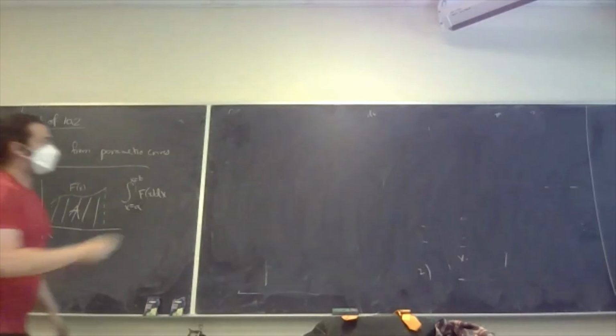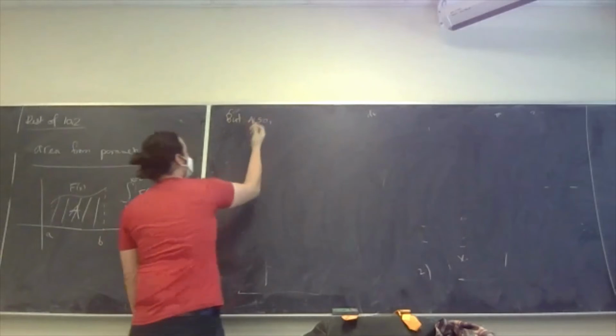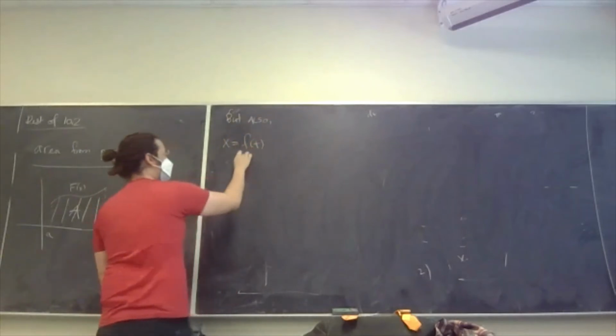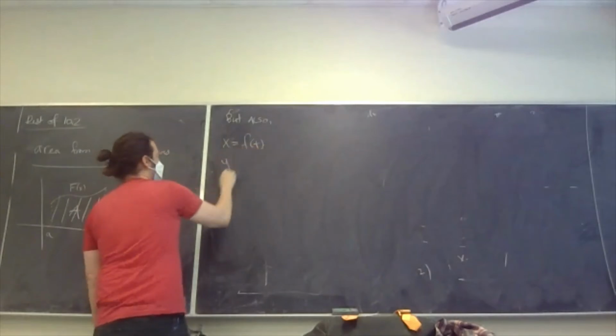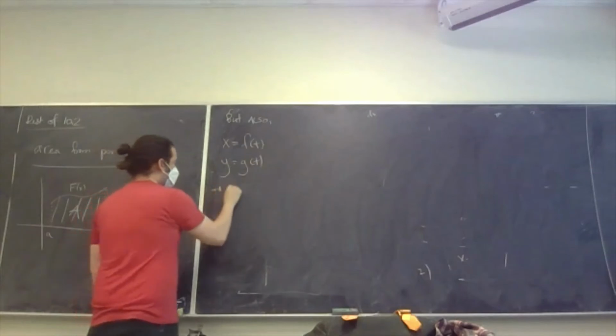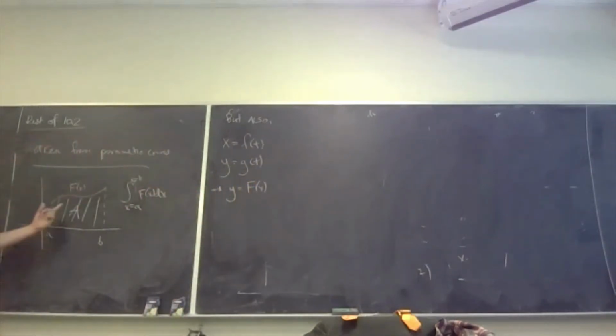This is the basic picture, but also x is equal to f of t for some function f of time, y is equal to g of t, and y is equal to F of x. After all, that's the picture here, right? To say capital F of x is really to say that there's some function that's spitting out y values in terms of x.